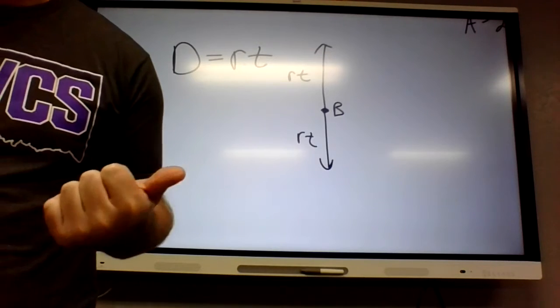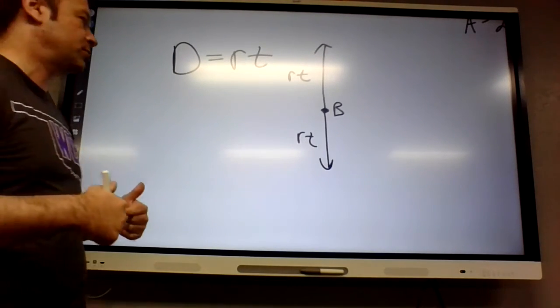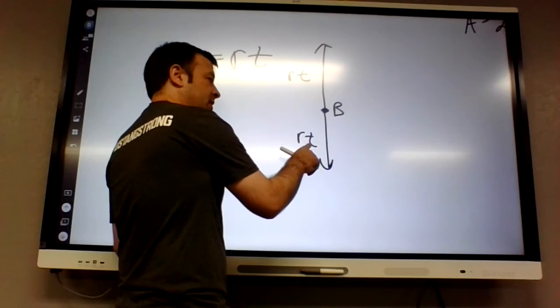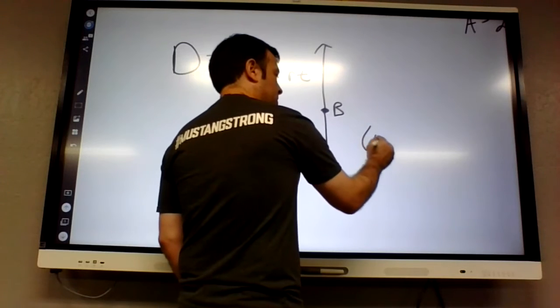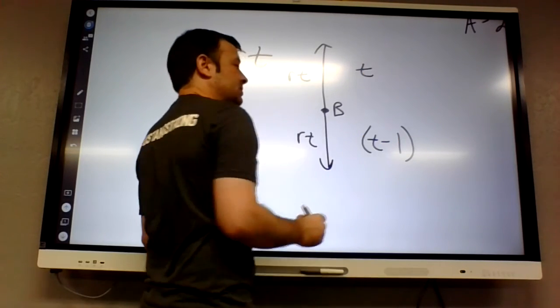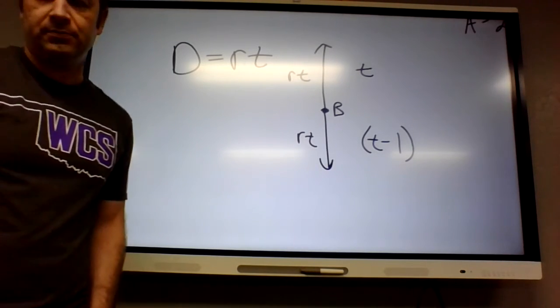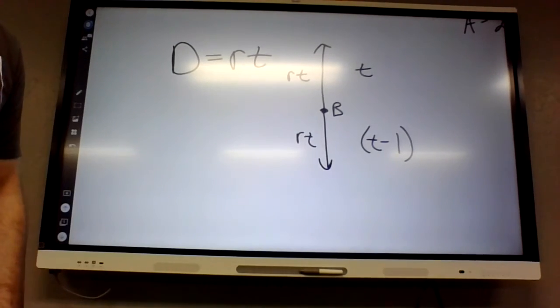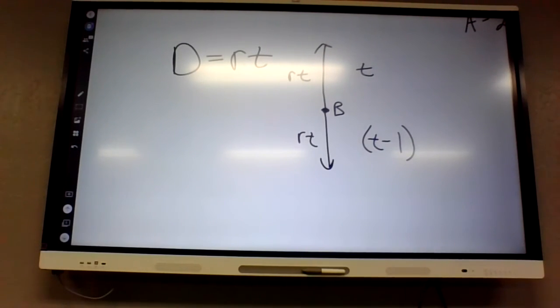So the southbound train left an hour later, so their travel time is shorter. I'm going to call the northbound train's time T, and the southbound train's time T minus 1. If you leave an hour later, you actually have been traveling an hour shorter than whoever else left.